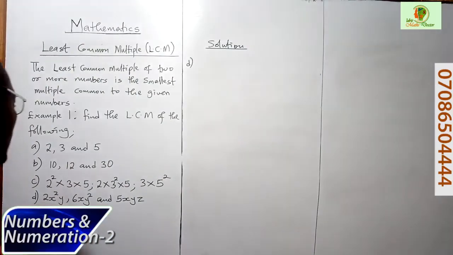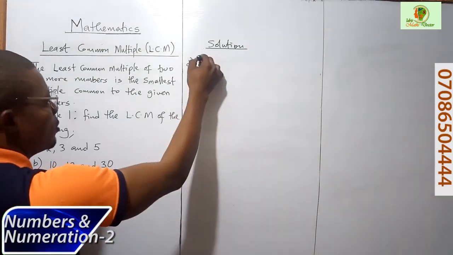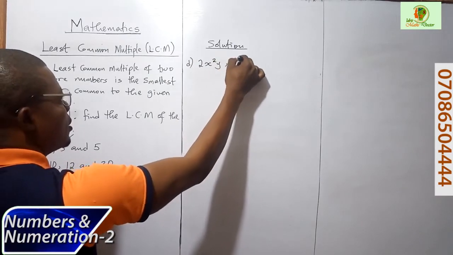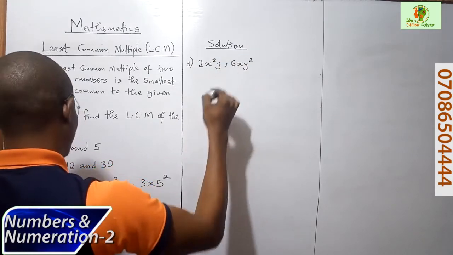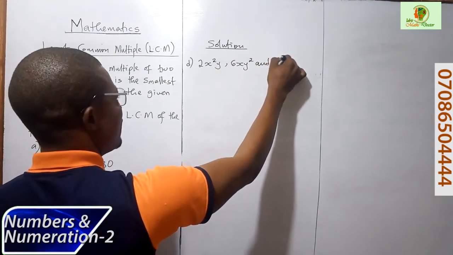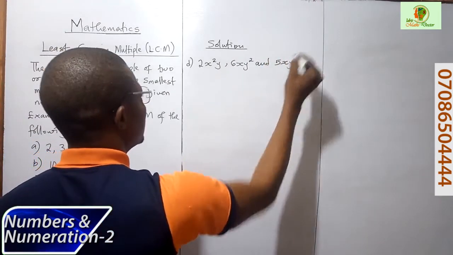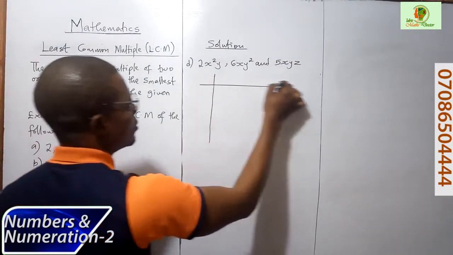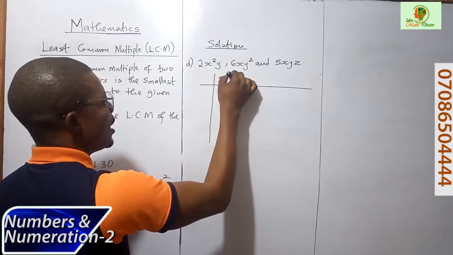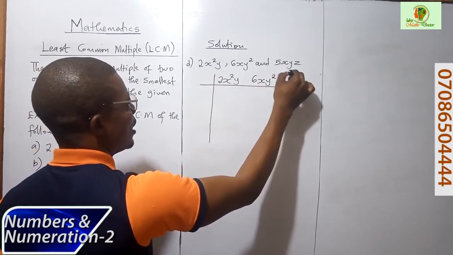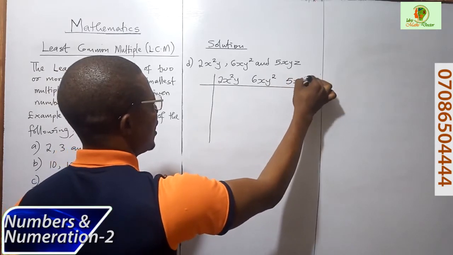Question D. We have to find the LCM of what? 2x squared y, 6xy squared, and what? 5xyz. Let's use this concept. Okay, 2x squared y, 6xy squared, and what? 5xyz.